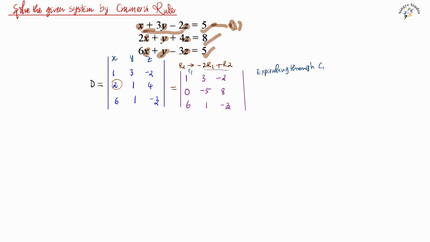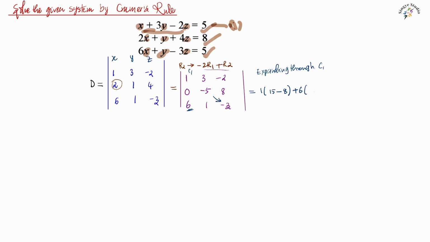This C1. Now our determinant will be 1 times, from here, 5 times 3 is +15, minus 1 times 8 is 8, plus 6, and this 0 we do not have to calculate, and here we have 6.